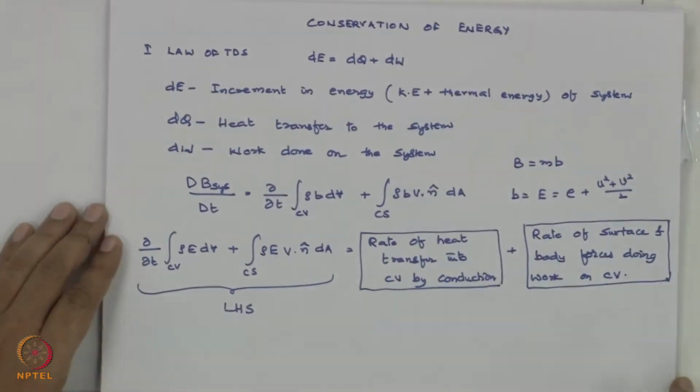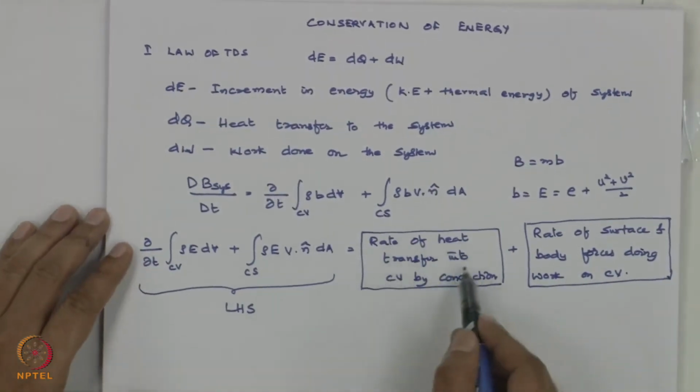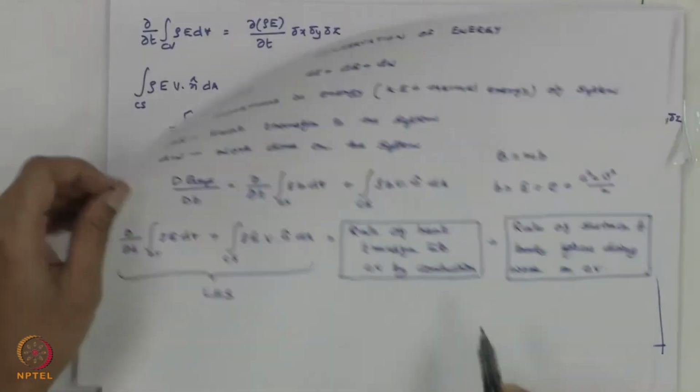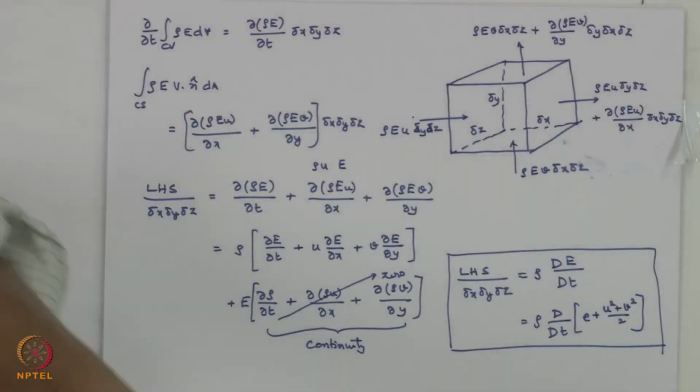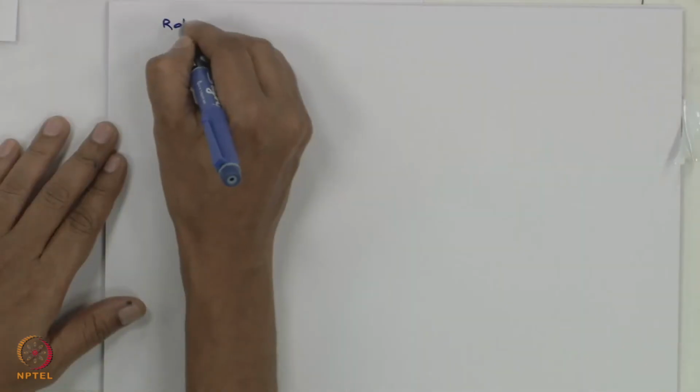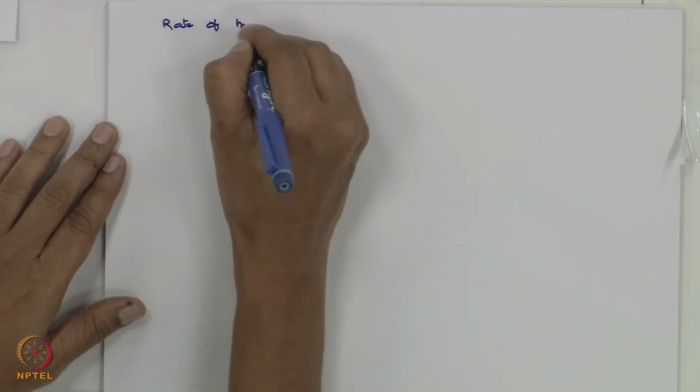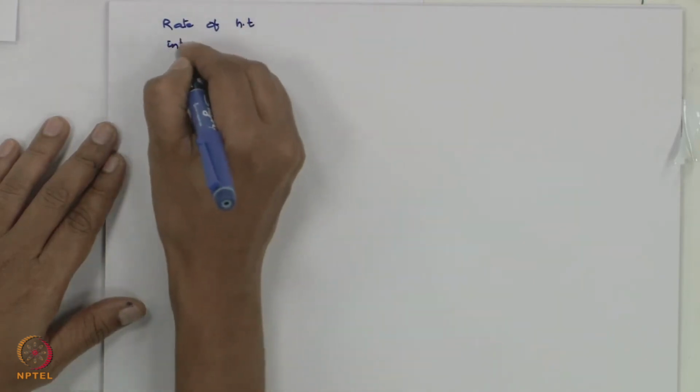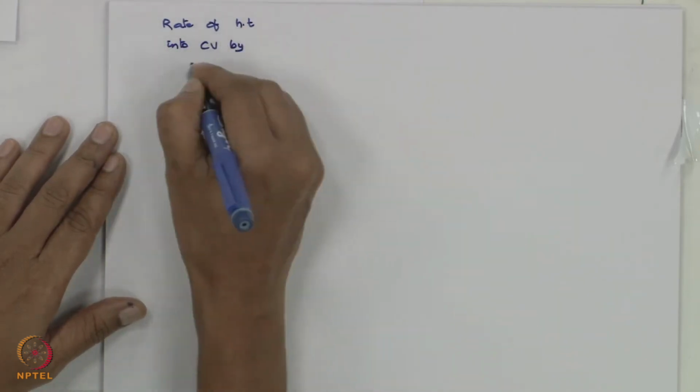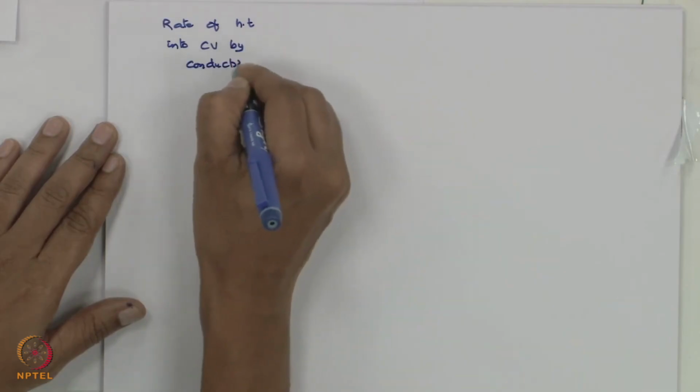What is there on the right hand side? Rate of heat transfer into the CV by conduction. So let us take up that term first, that is, the rate of heat transfer into the CV by conduction. Okay.